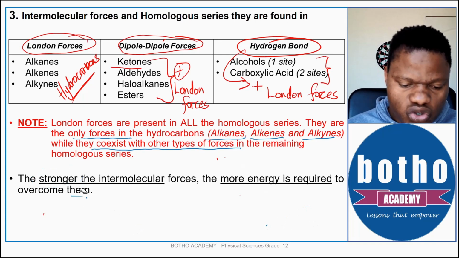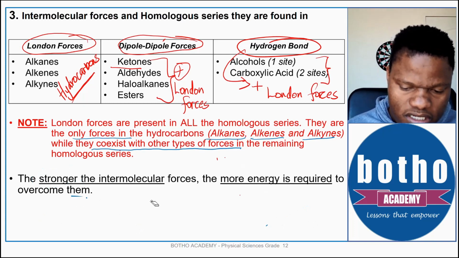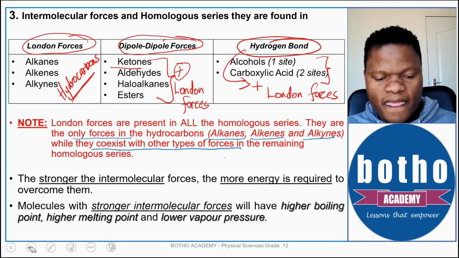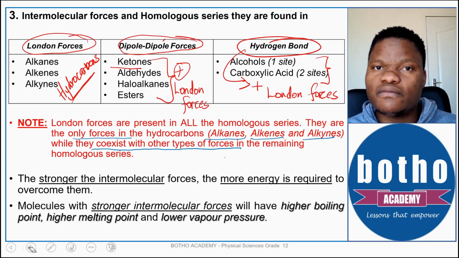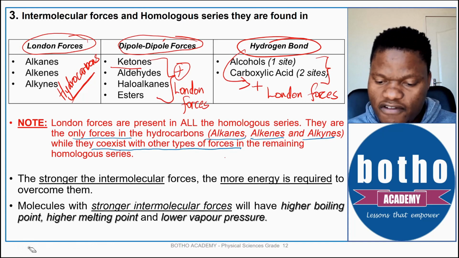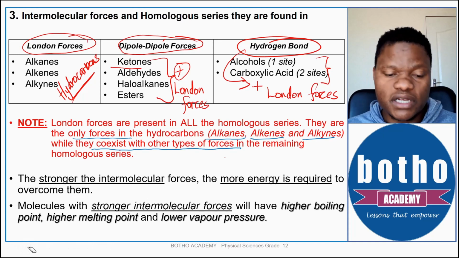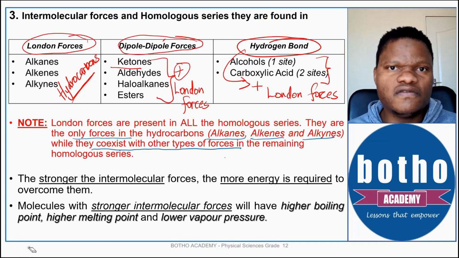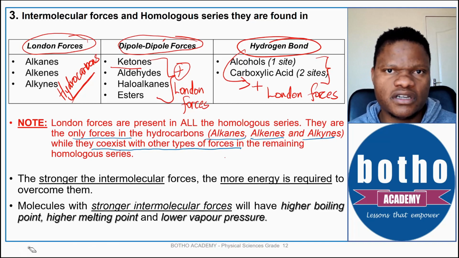All right, so you need to know that intermolecular forces will require a lot of energy to overcome if they are strong. Molecules with stronger intermolecular forces will have a higher boiling point, a higher melting point, and lower vapor pressure. There is an inverse relationship between boiling point and vapor pressure.